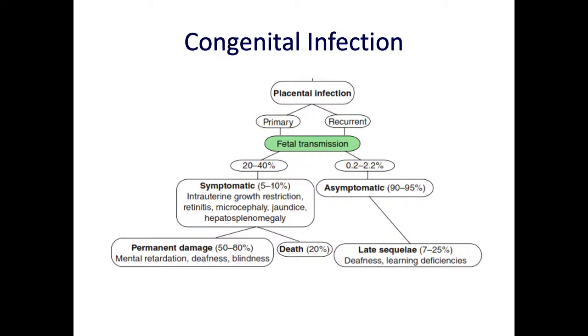Among symptomatic babies, up to 80% can develop mental retardation, deafness, and blindness, and we see death in 20%. While in reactivation, when there's transmission to the fetus, the majority of cases are asymptomatic, so the risk is lower, of course, compared to the primary infection. And if we see late sequelae, there can be deafness and some learning deficiencies.